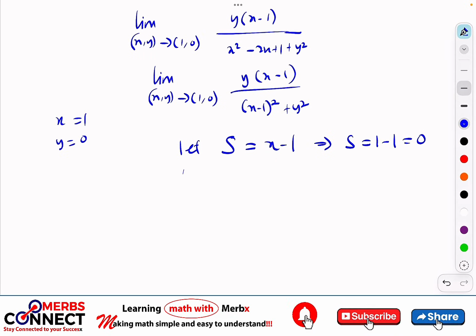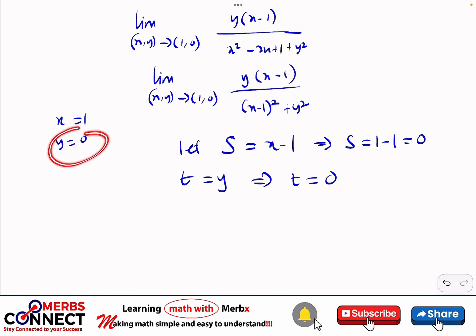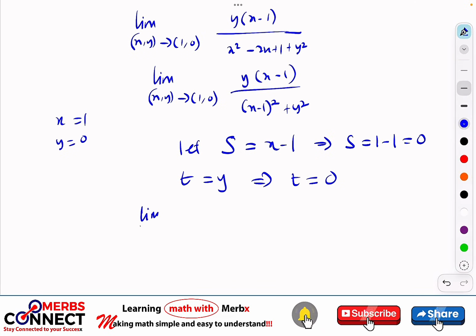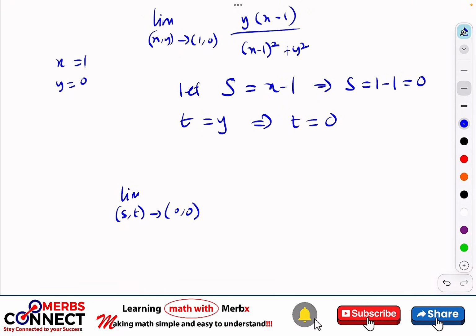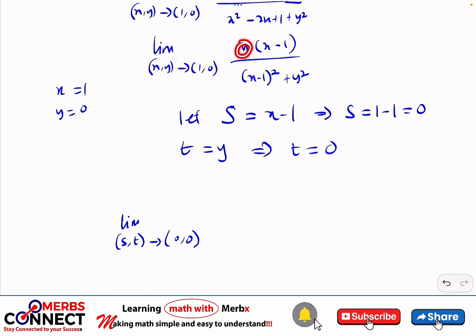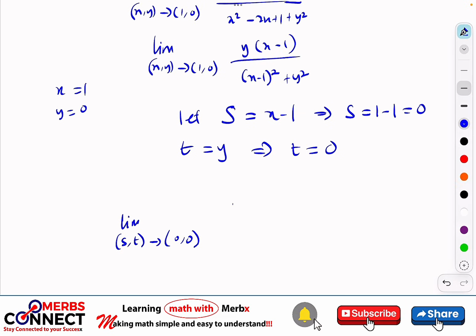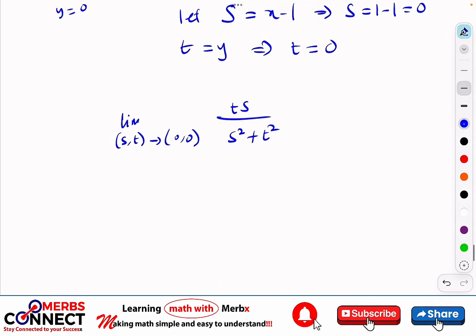And then let t be equal to y. So this implies that t is equal to 0 because y is 0. So it means that we are going to have a new limit, (s, t) approaching (0, 0), right? Great. And then now, guess what we are going to get? This is t, this is s. So I'm going to have ts divided by s squared plus t squared. So I think this is beautiful.